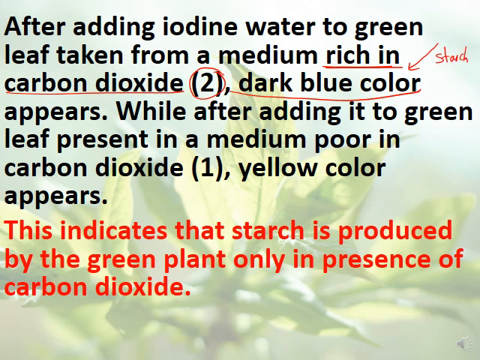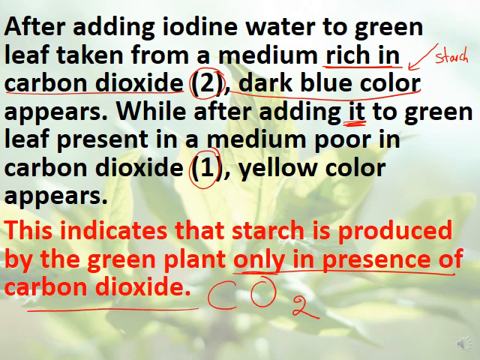While after adding iodine water to a green leaf present in a medium poor in carbon dioxide, medium 1, yellow color appears. What does this indicate? This indicates that starch is produced by the green plant only in the presence of CO2. So we need CO2. CO2 is important for the production of starch.